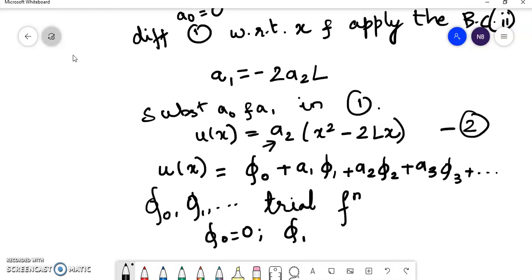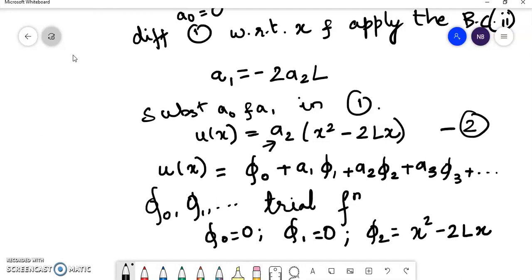There is no a1 term here, so phi 1 is also 0. Next, phi 2 is to be mapped with the term a2 in equation number 2. So what is the coefficient of a2 in equation 2? It is x square minus 2Lx.